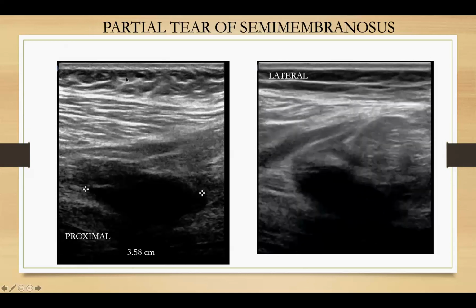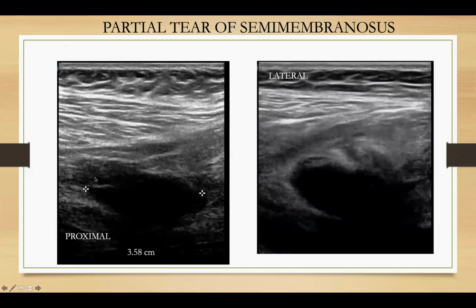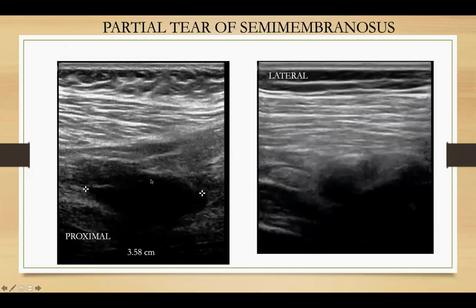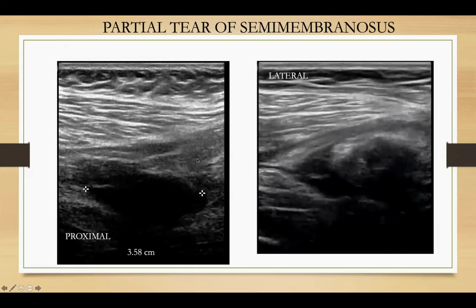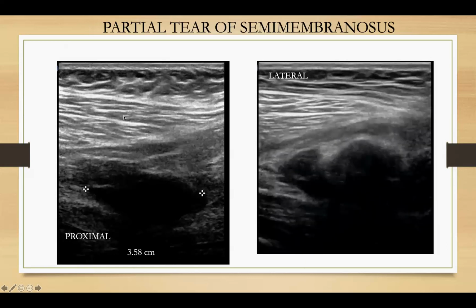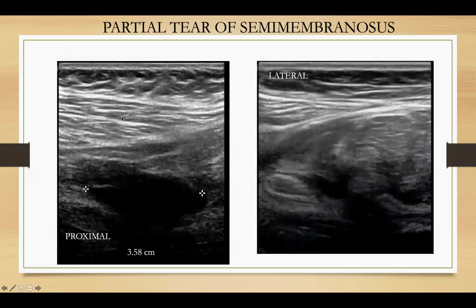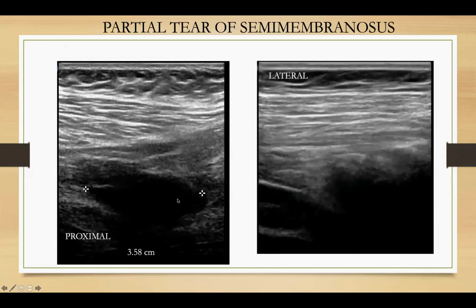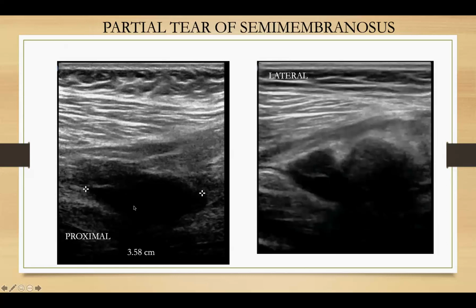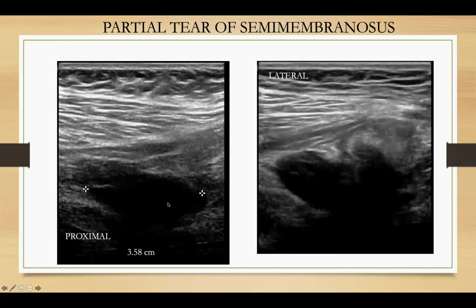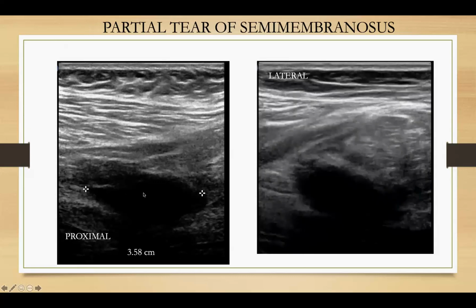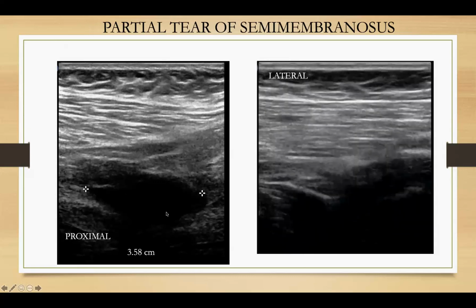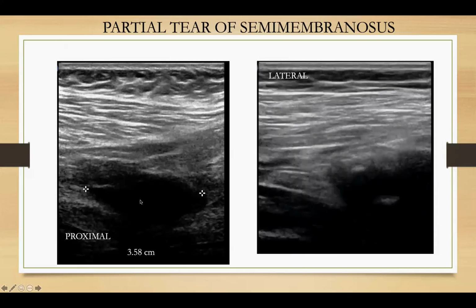Top is superficial, left is proximal, right is distal. This is the semitendinosus muscle. Overlying that is the caudal aspect of the gluteus maximus. And then there was this relatively hypoechoic to anechoic region deep to the semitendinosus muscle, which is essentially an old hematoma in the area.